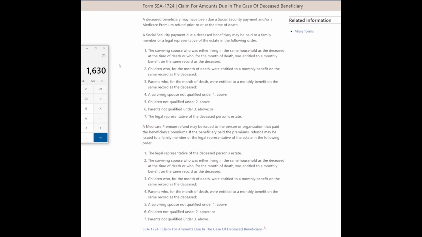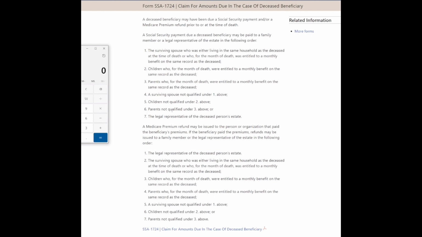Then you would receive that payment. Let's say you had a sibling who was also an adult, meaning over the age of 18. Then that $1,630 is going to be divided between the two of you, and you'll each get $815, and so on and so forth. So the more siblings you have that meet this number 5 category, the more it's going to be divided up.